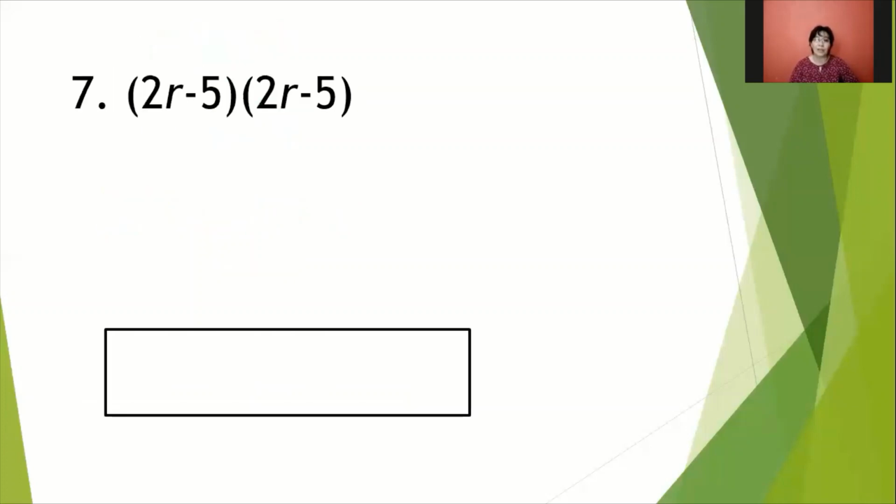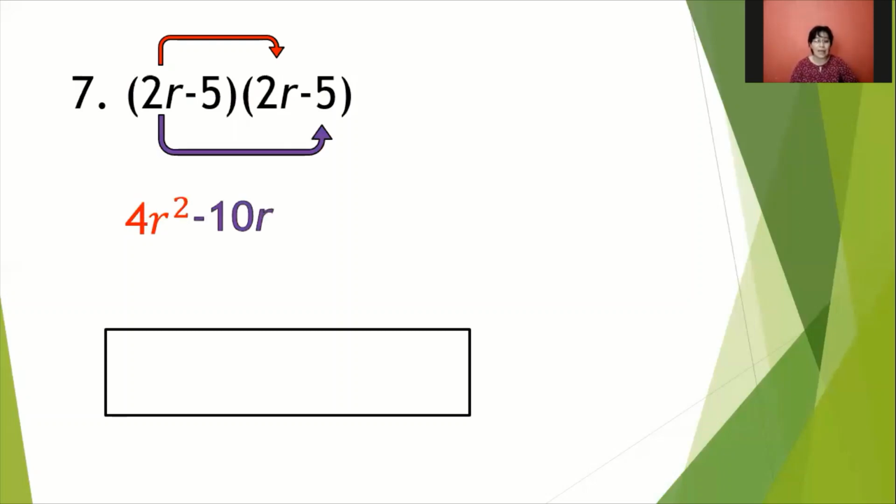Number 7. Almost the same again. It is also a binomial multiplied by another binomial, but in this case, it is the square of a binomial. Okay? Again, using the FOIL method, we have 2r times 2r is equal to 4r squared. 2r times negative 5 is equal to negative 10r. Negative 5 times 2r is equal to negative 10r.